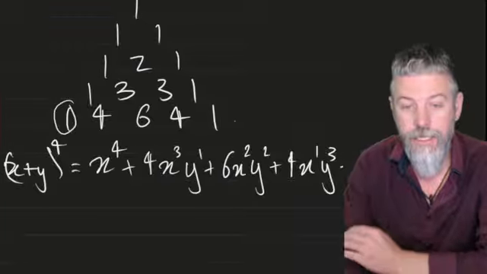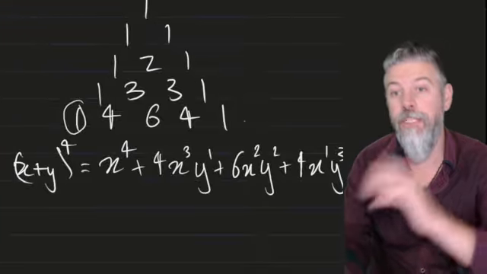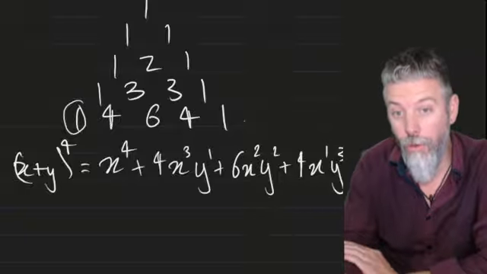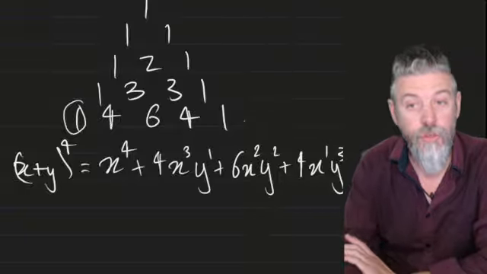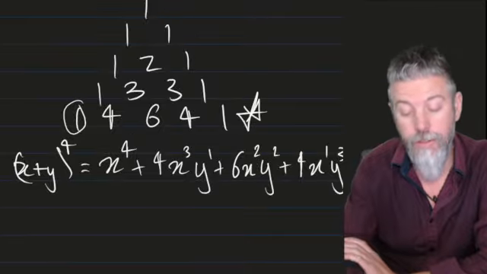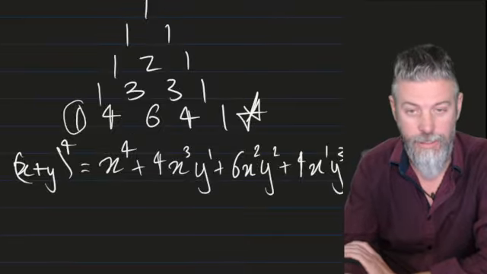And look how fast that was to do an expansion of x plus y to the power of 4 straight out of this Pascal's triangle pattern that we can see here.